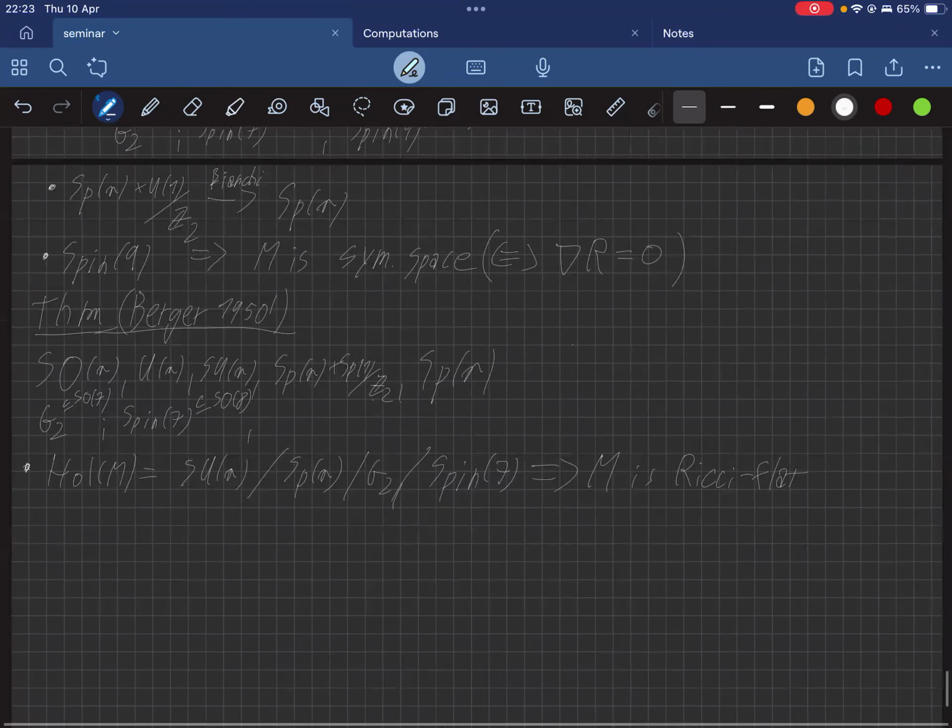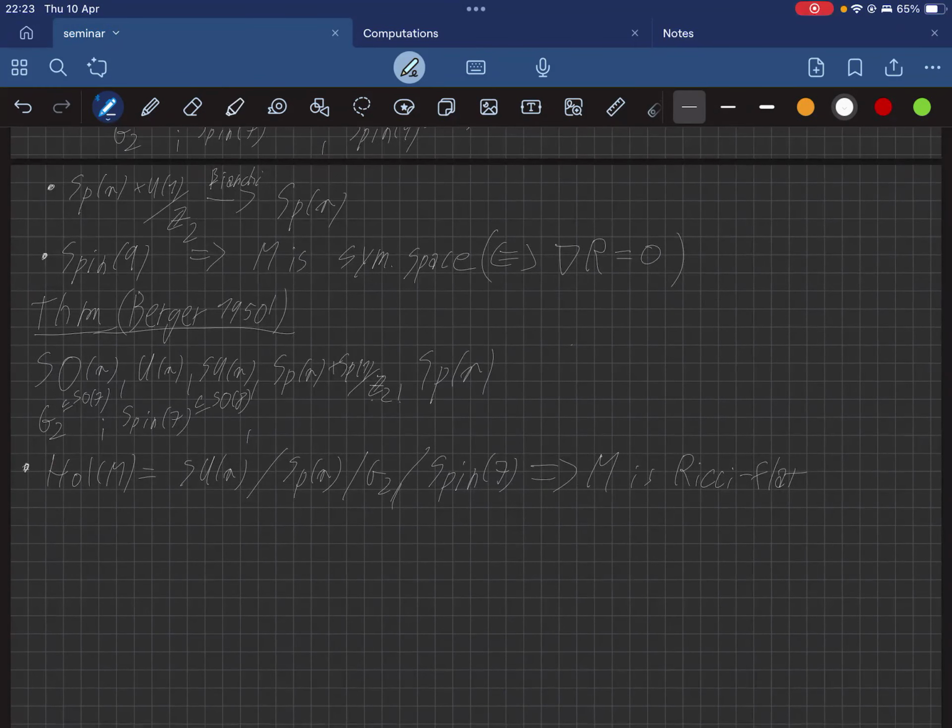And that's quite interesting, especially if you consider the fact that we don't have any other compact examples. So let me rephrase that. The only known examples of compact Ricci flat and non-flat spaces are the manifolds that have holonomy of one of these. And we have also nice names for them.